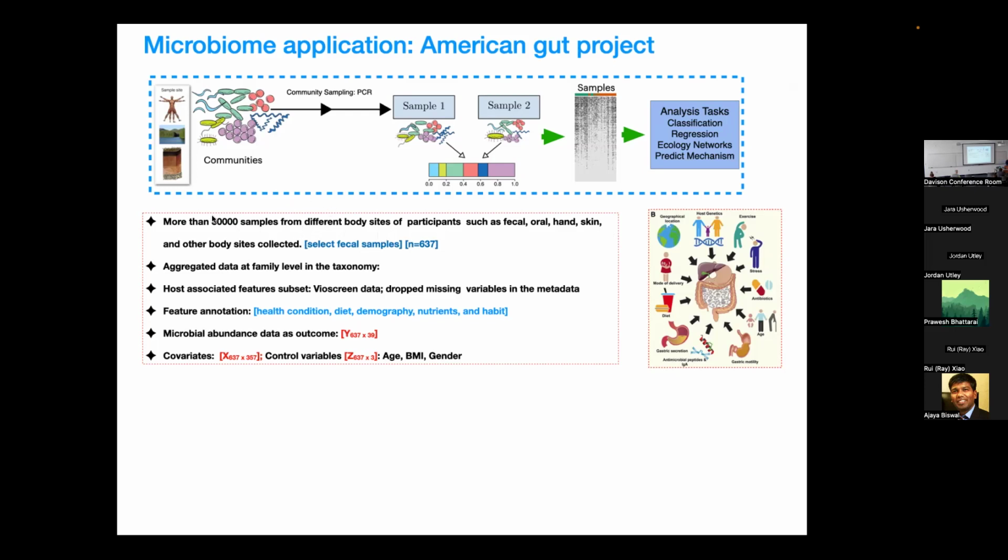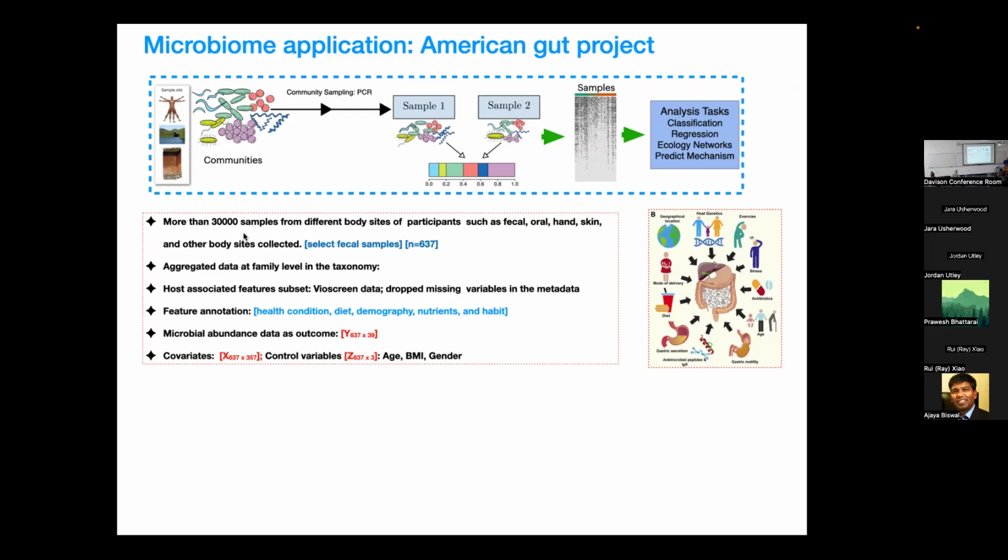In addition to the microbial abundance data sets, though we have 30,000 samples, the project also tries to collect their habits, like feeding habits, what kind of food they eat, what kind of demographic behavior or demographic location they come from, and all sorts of information about it. For our analysis purpose, we mainly focused on a subset of samples where we believe there is sufficient information, both in terms of the microbiome as well as a set of predictors.